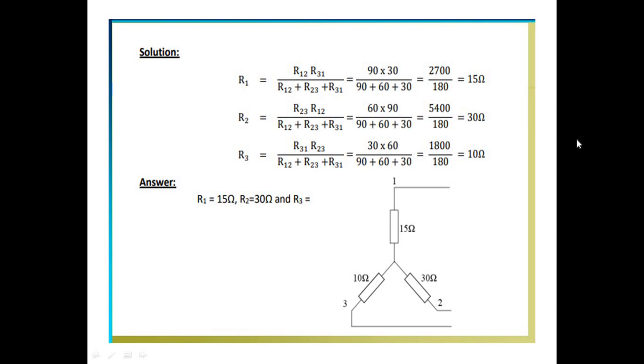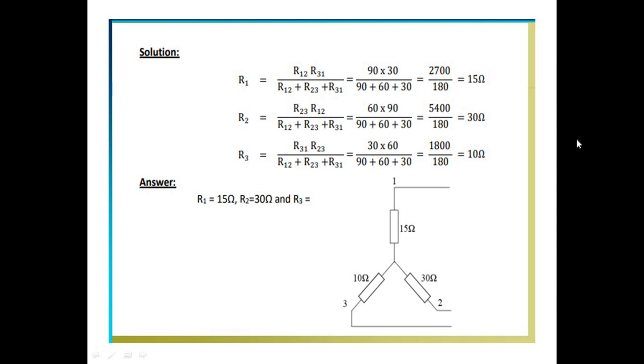Then R3 is equal to R31 into R23 divided by R12 plus R23 plus R31, 30 into 60 divided by 90 plus 60 plus 30, is equal to 1800 divided by 180, is equal to 10 ohm. Here R1 is equal to 15 ohm, R2 is equal to 30 ohm, R3 is equal to 10 ohm.